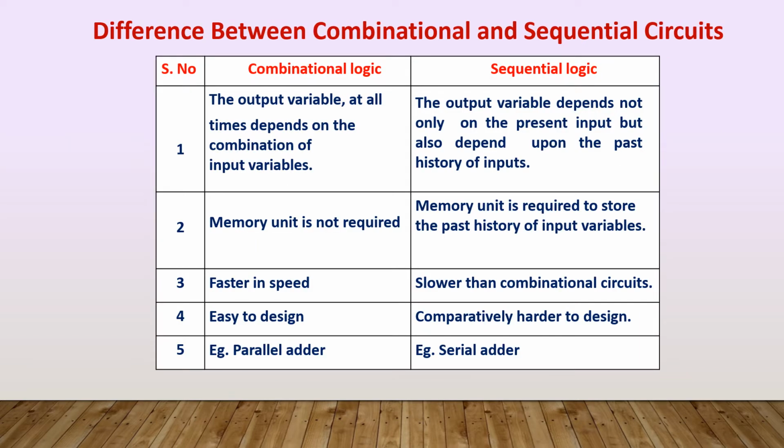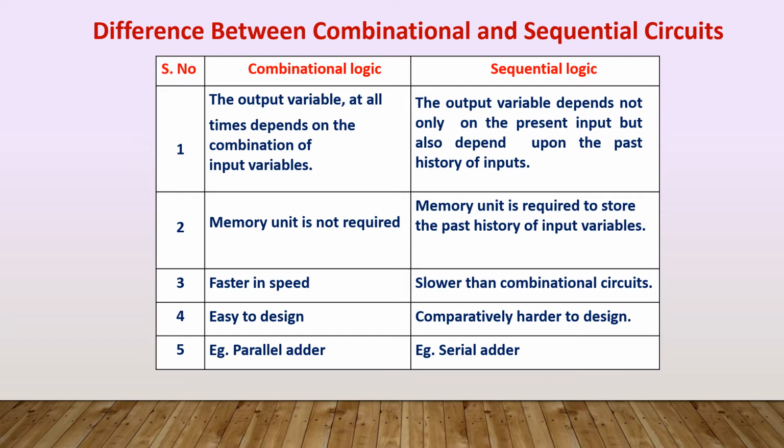This is the difference between combinational and sequential circuits. The first point is that in a combinational circuit, the output variable at all times depends on the combination of input variables. But in a sequential logic circuit, the output variable depends not only on the present input, but also on the past inputs. The second difference is that a memory unit is not required in a combinational circuit, but in a sequential circuit there is a memory unit to store the past history of the input variables.